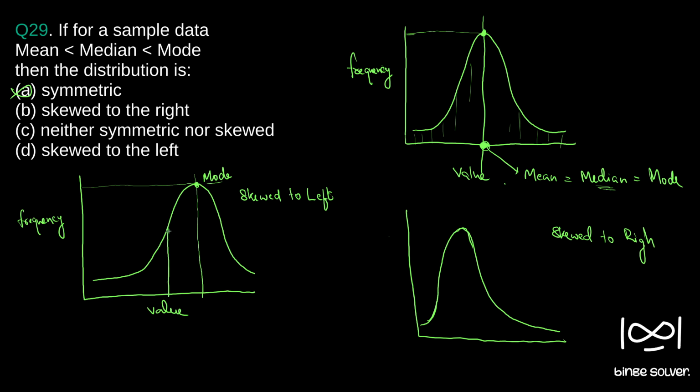This will be the mean value. If you see in the total values, this will be the mean value. And in such a distribution, the median will lie somewhere here.